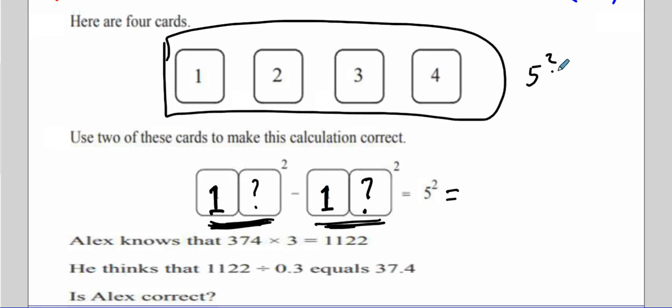But 5 squared is the same as 5 times 5. This is equal to 25. So the result over here minus the result over here should give you 25. Now, how do we do that?